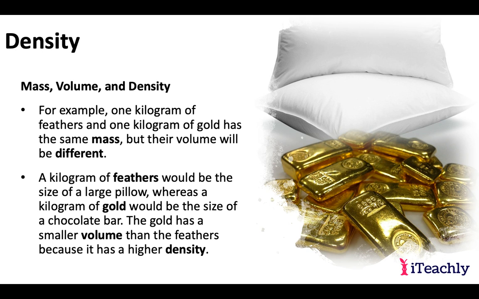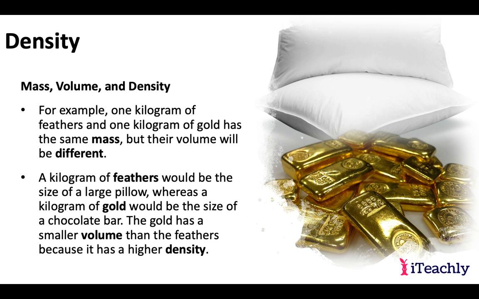If I take that gold brick, there is the same amount of mass, but the mass is condensed into a smaller volume, as opposed to the pillow of feathers. The pillow of feathers has more space. There's more volume for that mass to take up.